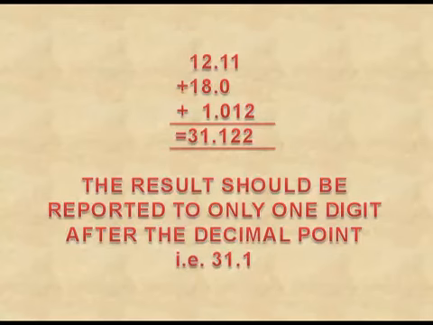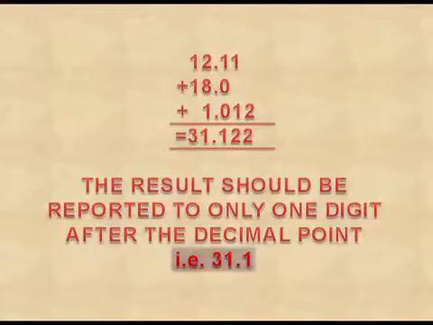Now why is my answer 31.1? Because one of the numbers in the problem is 18.0. It has only one significant figure after the decimal. So my answer should have only one significant figure after the decimal, that is 31.1.